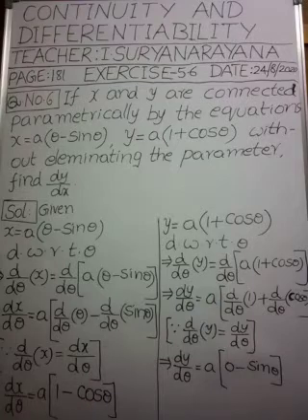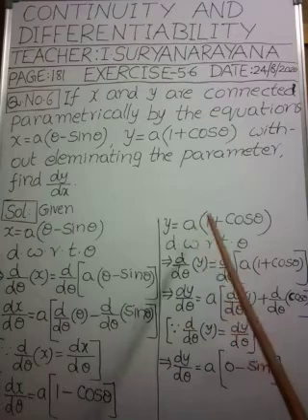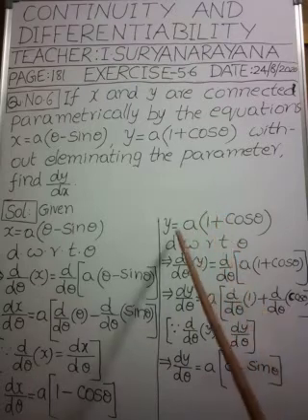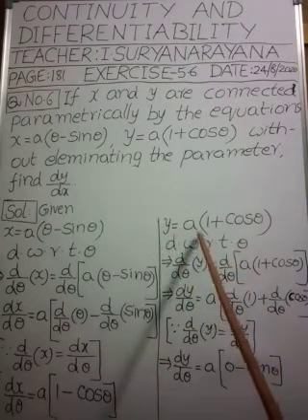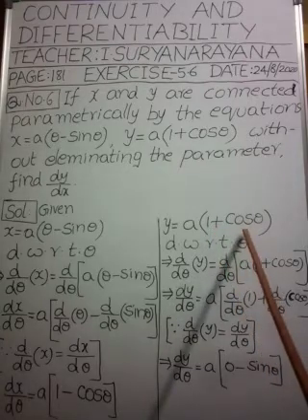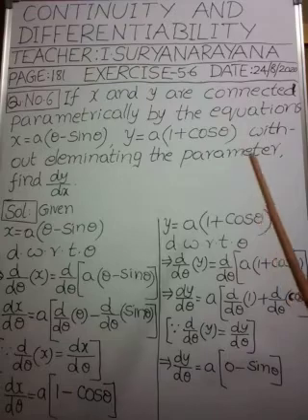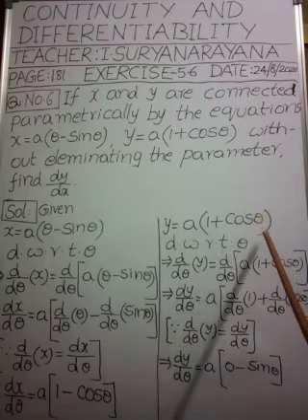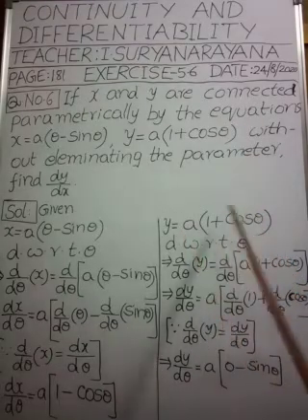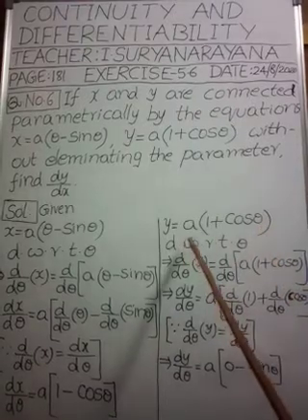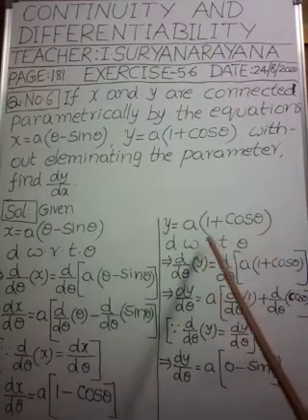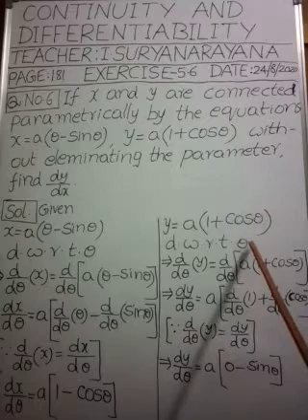Right. Similarly, we find differentiation on this side. Okay, my children. So y is equal to a into 1 plus cos theta. I have already written this side. What is the variable here? Theta. Here y is defined in the variable theta. So we are differentiating this equation with respect to theta.